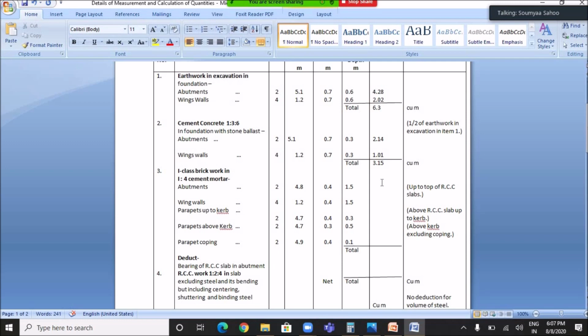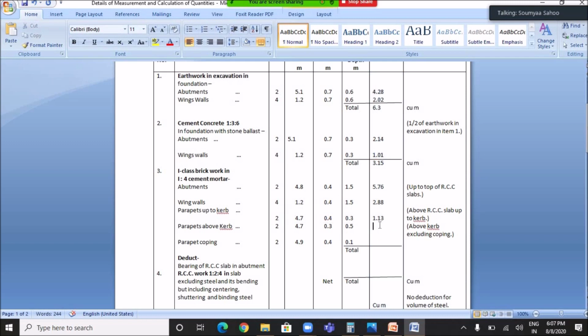And if we calculate these quantities, I have already calculated these quantities, so I am writing it directly. You can use your calculator to find out these quantities. It is 5.76 cubic meter. This is 2.88 cubic meter. This is 1.13 cubic meter.